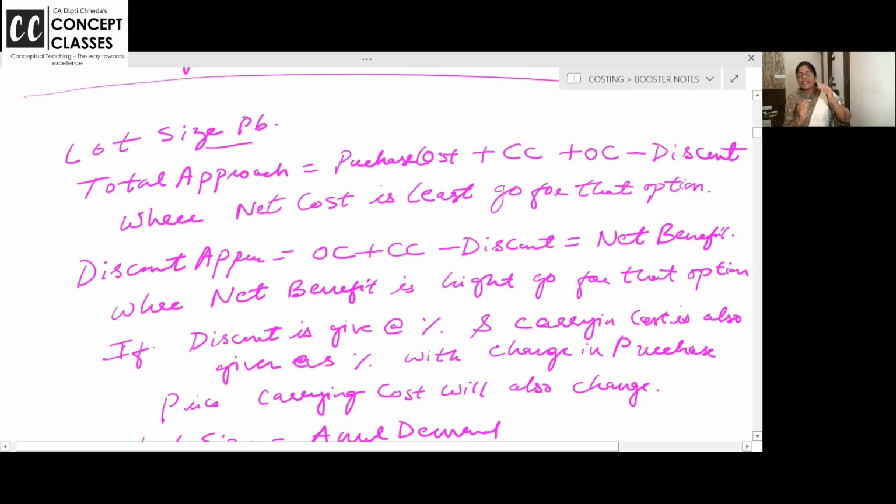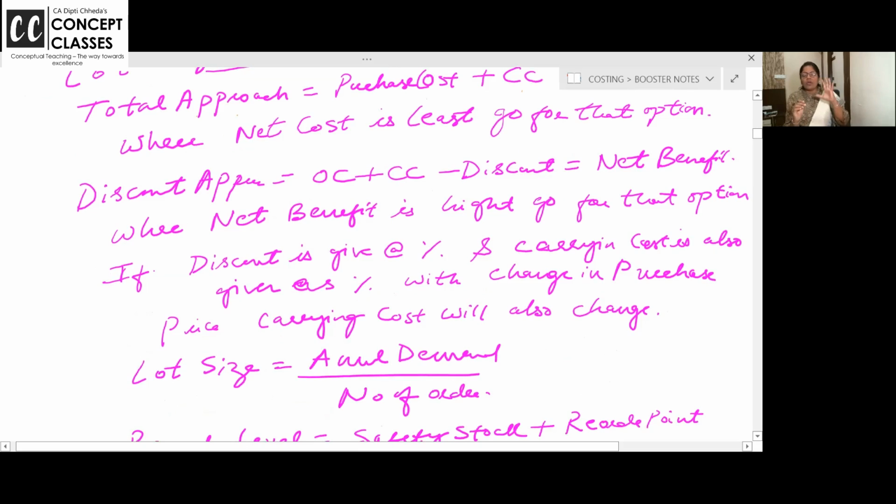Now, lot size problem, you have to prepare the columns. So if you go by total approach, purchase cost plus carrying cost plus ordering cost minus the discount. Are you getting? Purchase price minus discount, and discount will increase as you change your lot size. Yes. And if you go by discount approach, then ordering cost plus carrying cost minus discount is your income.